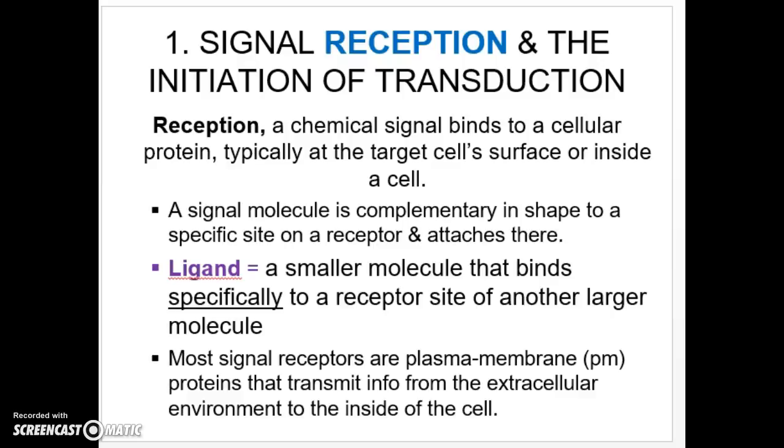So a signal molecule is going to be complementary in shape to a very specific site on the receptor, and it attaches there similar to the same action we see with enzymes. That lock and key idea that we have with enzymes where there's a specific molecule that fits a specific site.